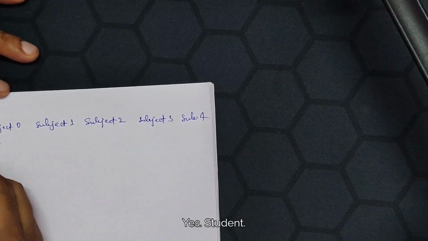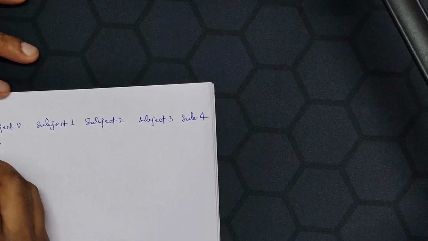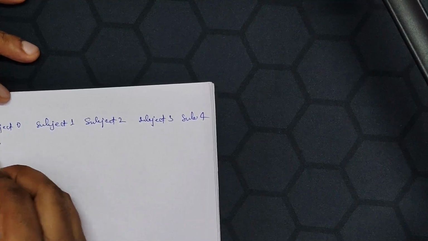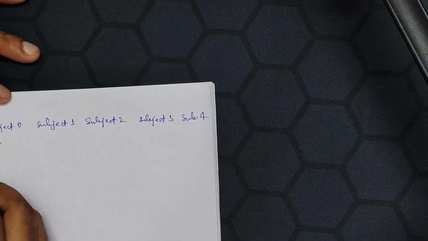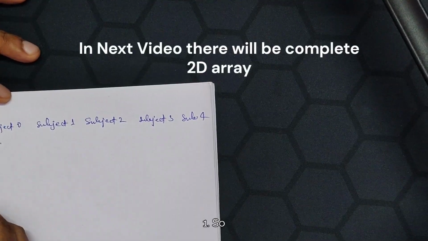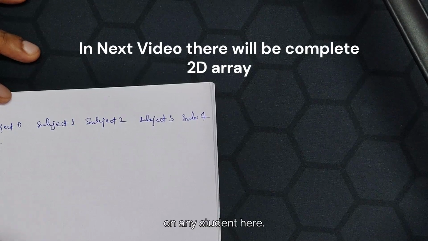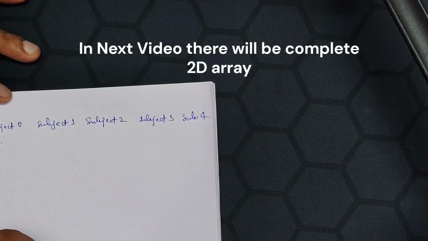Here student 0, student 1, and so on, and student 29.